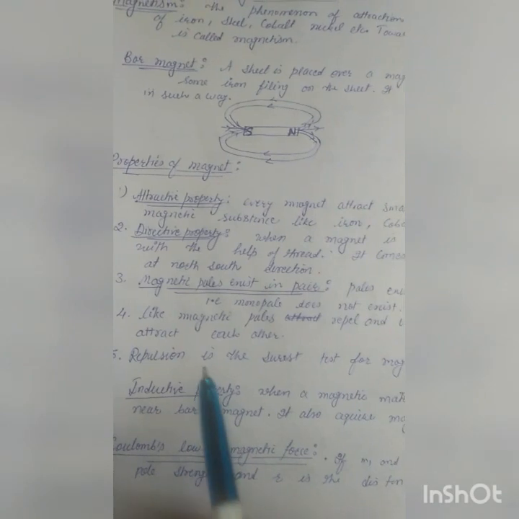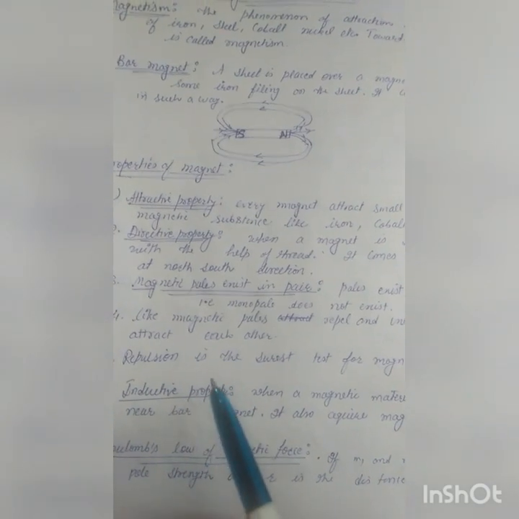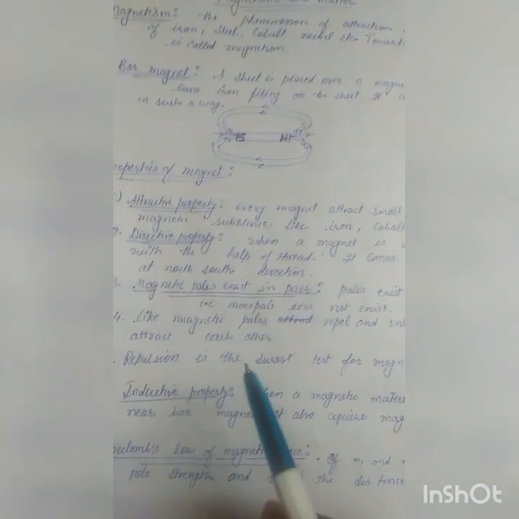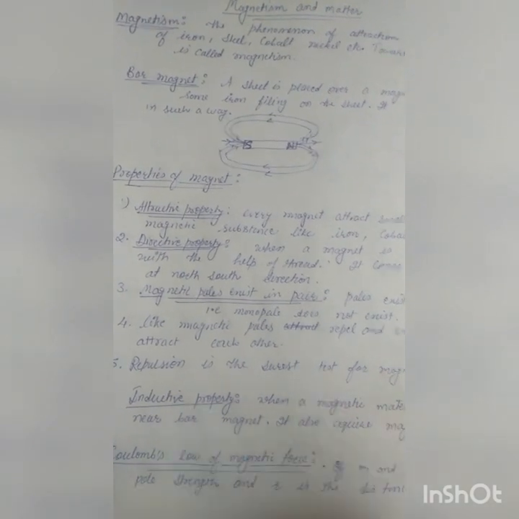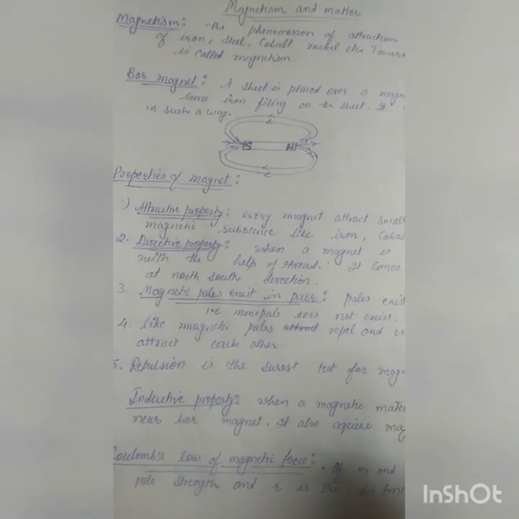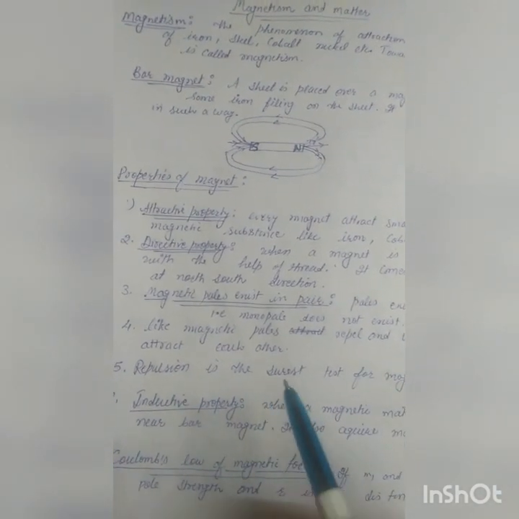Next, repulsion is the surest test of magnetism. If we take two magnets, the north pole of the first magnet and the south pole of the second magnet attract each other. But the north pole of one magnet and the north pole of the other magnet do not attract, they will repel each other. So repulsion is the surest test of magnetism.